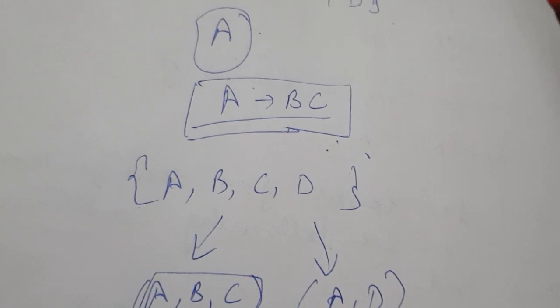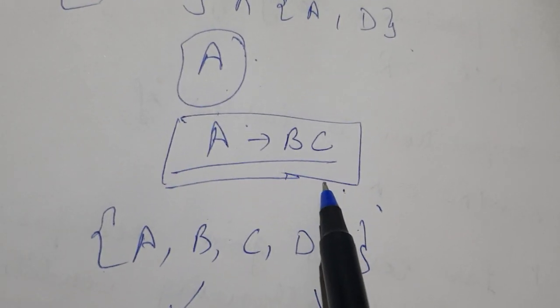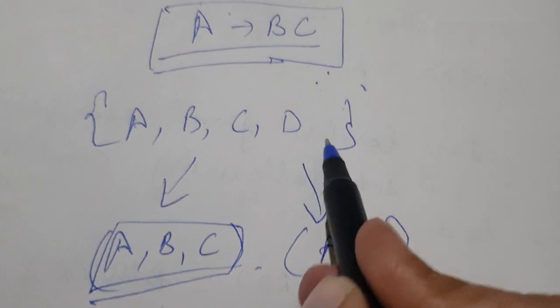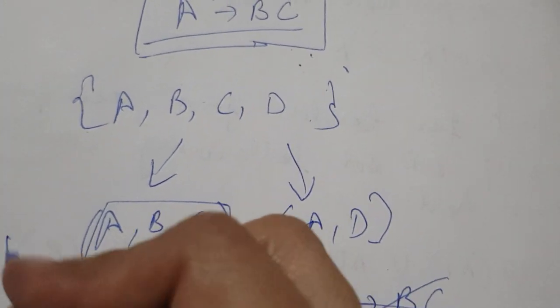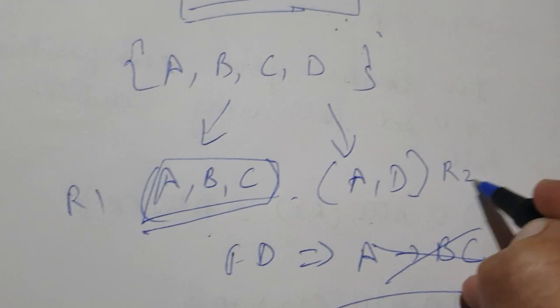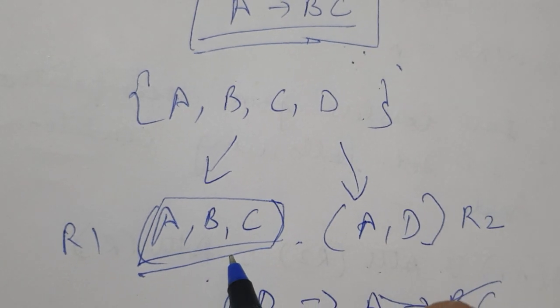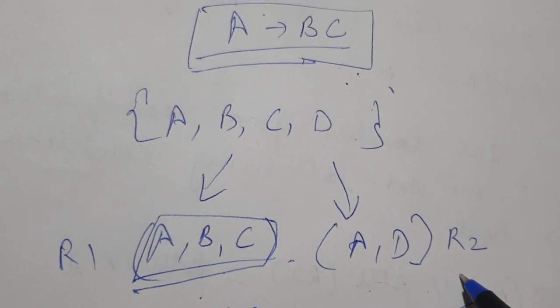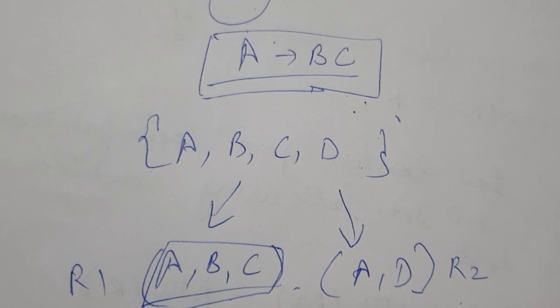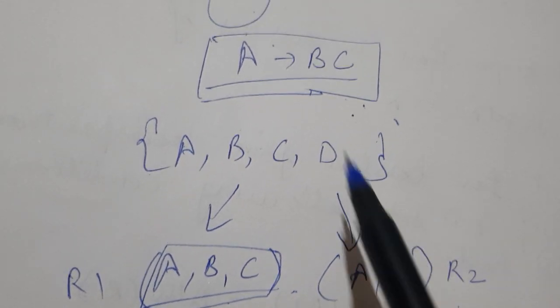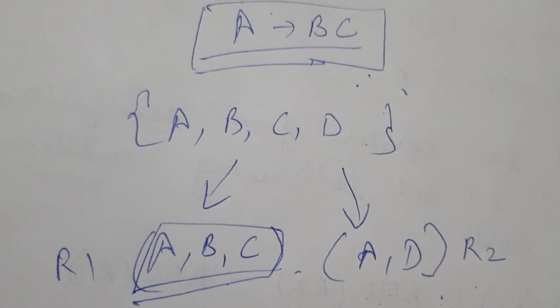A to BC is a functional dependency, and this was the relation which was decomposed into two relations R1 and R2. In R1 we had ABC, in R2 we had A and D. So we say dependency preserving if the functional dependency is a part of any of the relations.